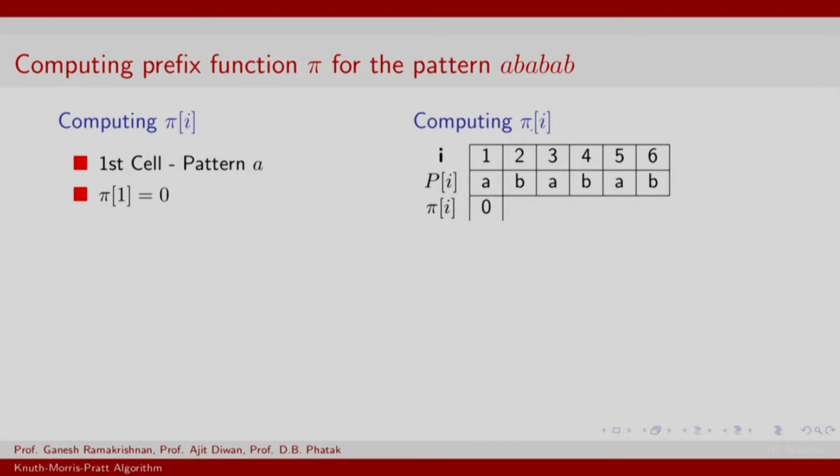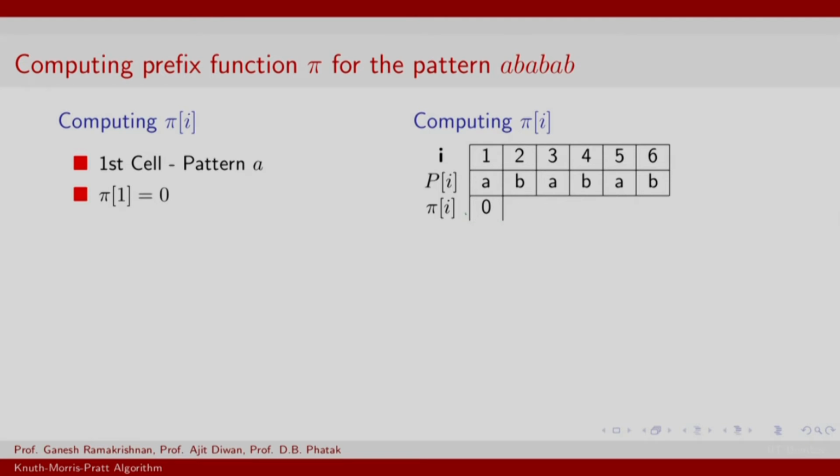So a brief recap: if your pattern P is ABABAB, we initialize pi(1), that is the index k, as the length of the longest prefix of P that is a proper suffix of P1, that is A. There is actually only one character, so a proper suffix would only correspond to the empty prefix.